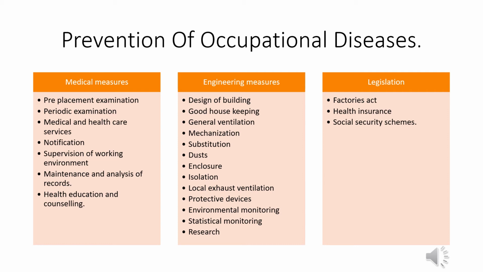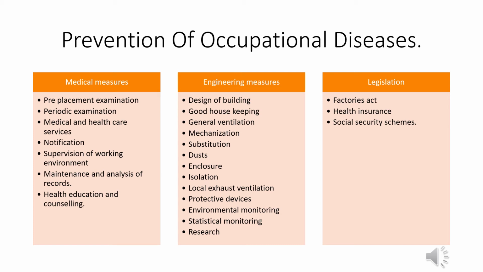For example, in paint shops where painting of certain things is done, there should be local exhaust ventilation that does not allow the fumes of paint to be distributed among rest of the factory. There should be protective devices, protective gear for the people. Environmental monitoring should be there, measurement of the amount of substances in the air inside the industry. There should be statistical monitoring, and there is research, which is a big part of understanding all these and then making recommendations.